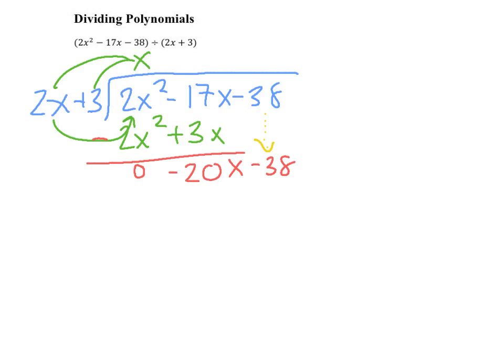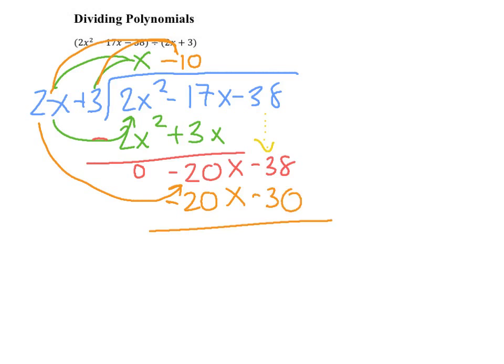Now I need to ask myself, 2 times what is negative 20? And that's going to be negative 10. So then I take negative 10 times 2x and negative 10 times 3. So negative 10 times 2x is negative 20x, and negative 10 times 3 is negative 30.